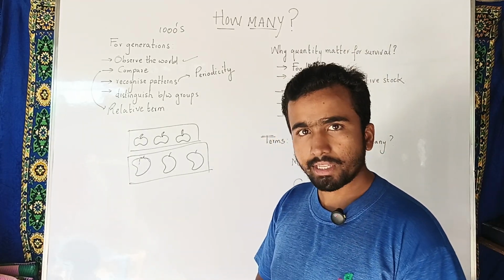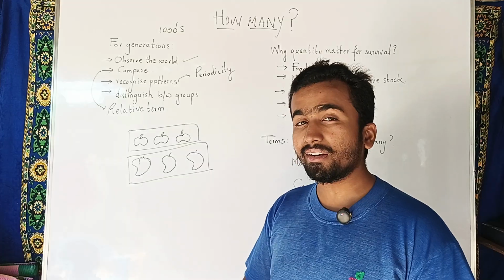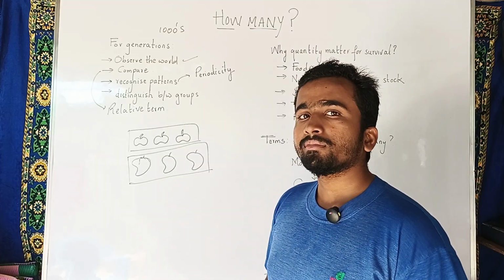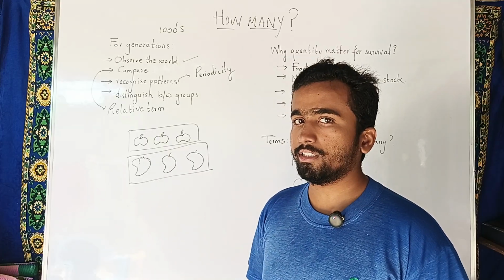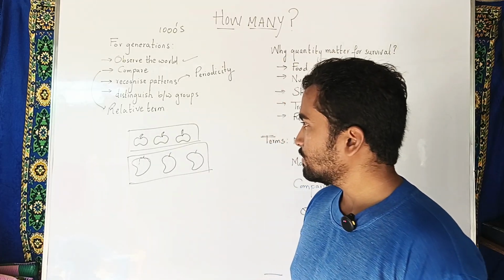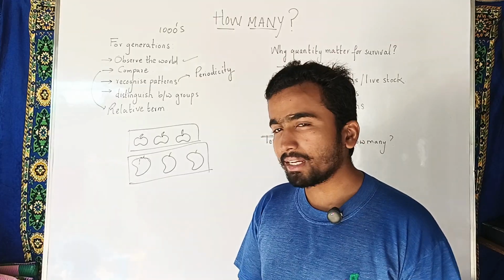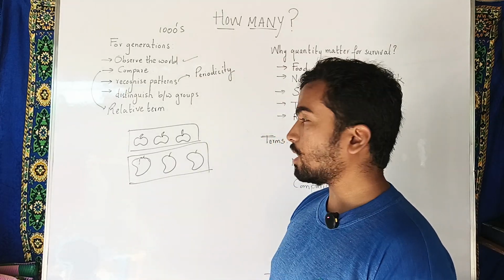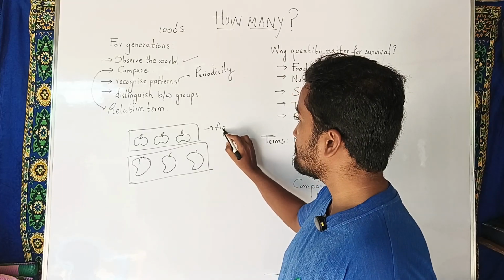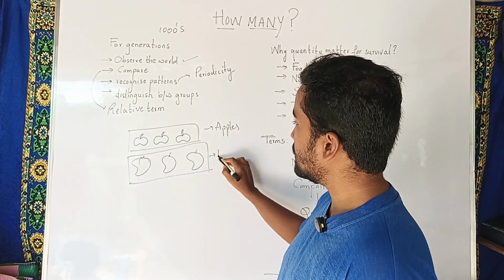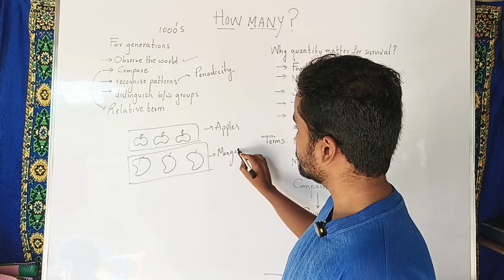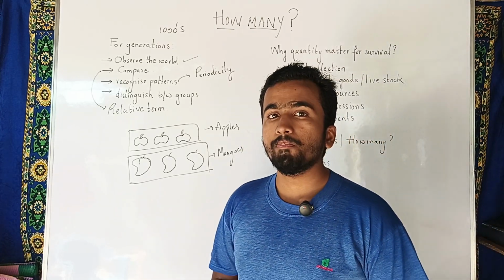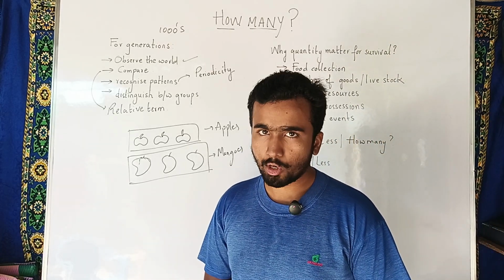I'm not going to use numbers to explain that because I have not introduced them yet. I'll be introducing them in further videos of the same playlist. With our basic sense, we can say that they both have the same quantities, but different objects. These are apples and these are mangoes. Same quantity, but different objects.